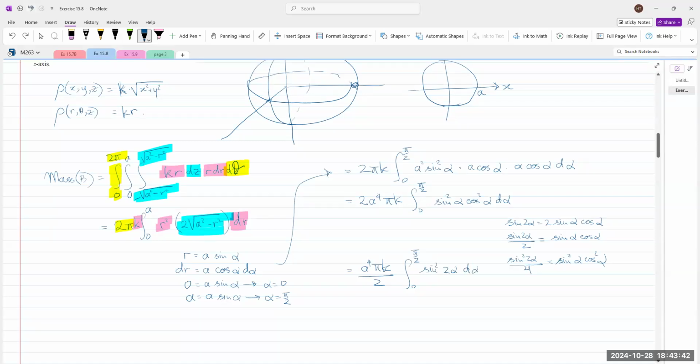And then from here I go further, do power reduction. So that's a to the 4th pi k over 2 integral from 0 to pi over 2 of 1 minus cosine 4 alpha over 2 d alpha. You will see this goes to 0.